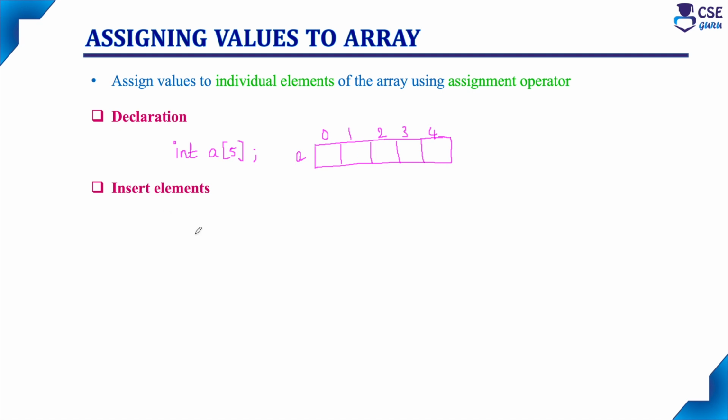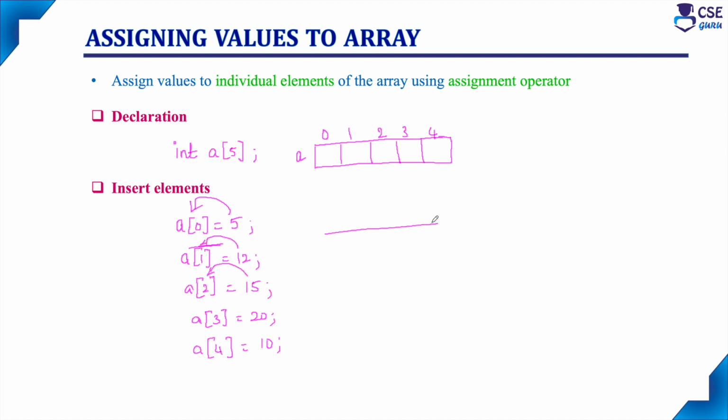Next, how will we insert the array elements? A of 0th location, some element, 5. I have inserted it. A of first location, 12. We can specify any element. A of 3, A of 4. Likewise, we assign values to individual array elements. So what will happen?